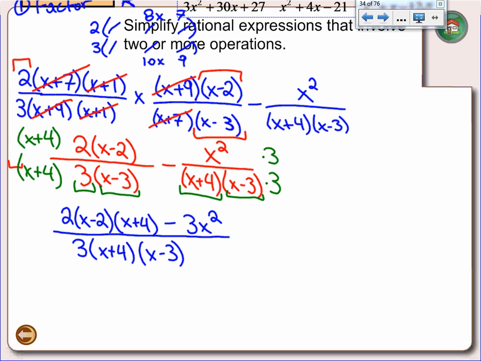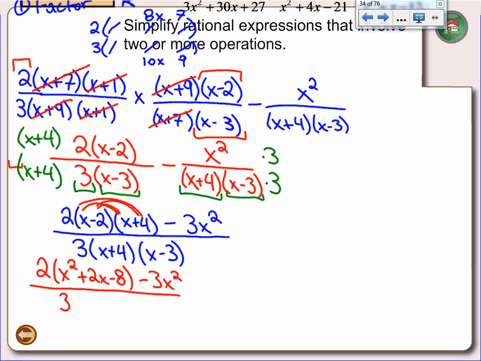So I'm going to multiply these tops together. I'm going to FOIL them. And I'm going to get 2 and then x squared plus 2x minus 8, minus 3x squared, all divided by 3, x plus 4, x minus 3.